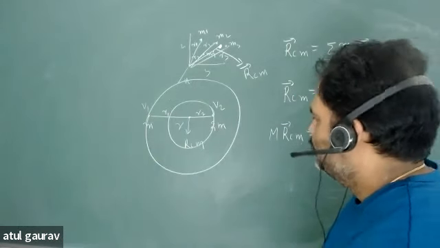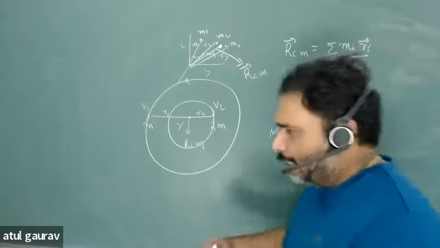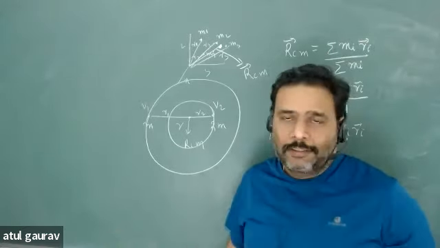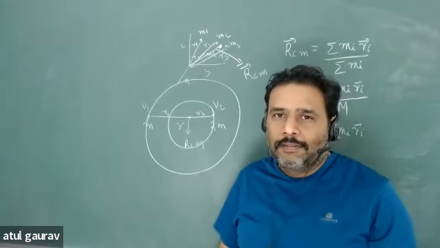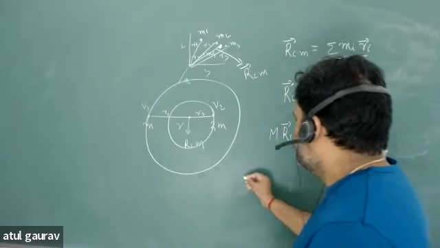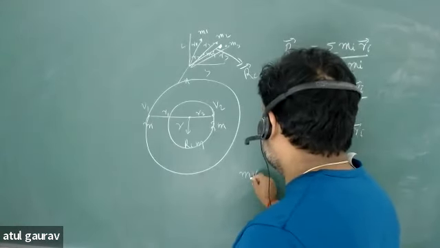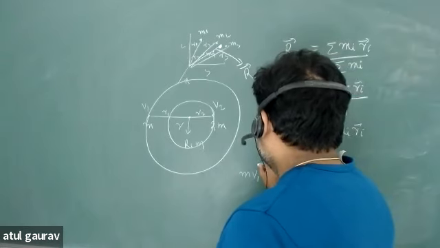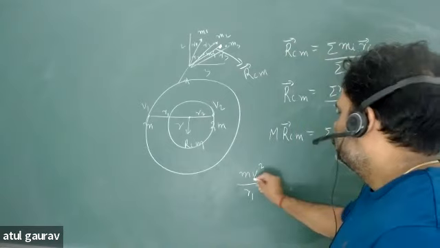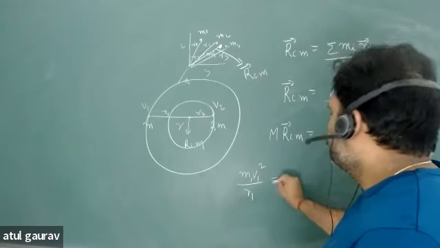Now, they are rotating in a circle with mutual gravitational force, so it is very important. They are rotating in a circular orbit, so what will be the condition of circular orbit? For the first mass, m1 v1 square upon r1 must be equal to the force.